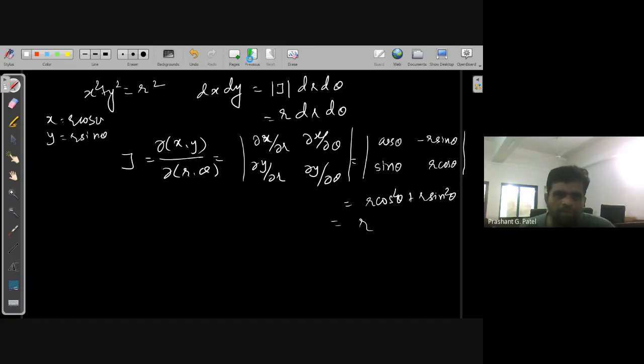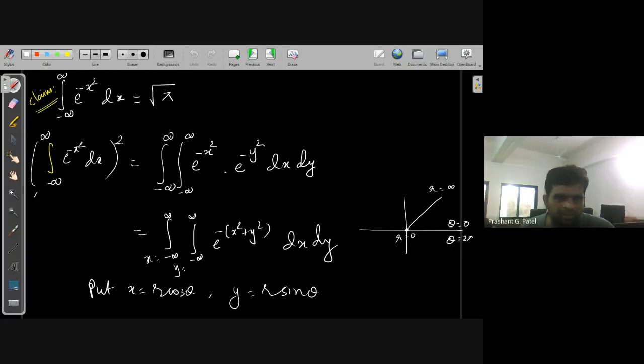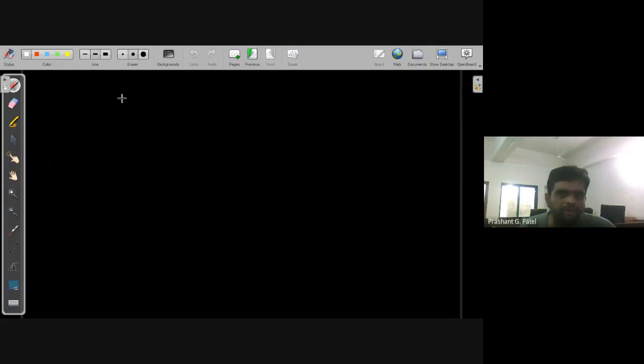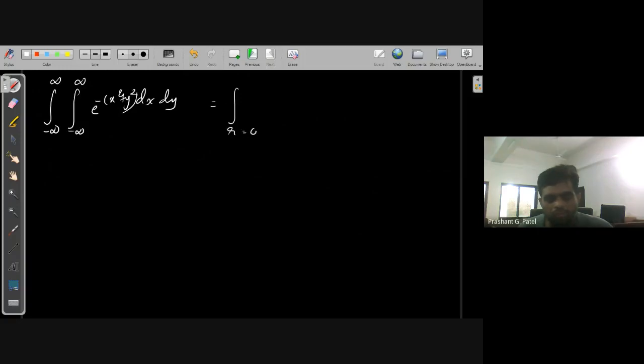So now this integral, let's say, is I. So next what we get is the double integration from minus infinity to infinity of e power minus (x square plus y square) dx dy, which will change to r running from 0 to infinity, theta running from 0 to 2 pi, e power minus r square r dr d theta.